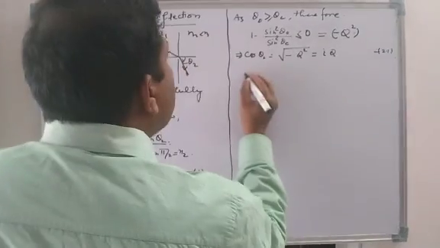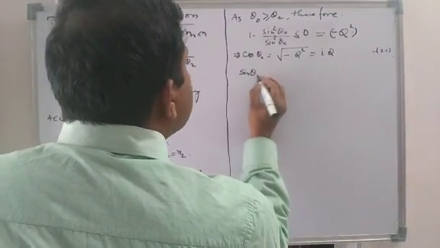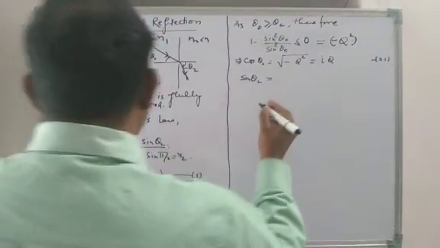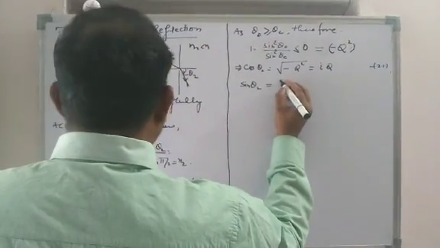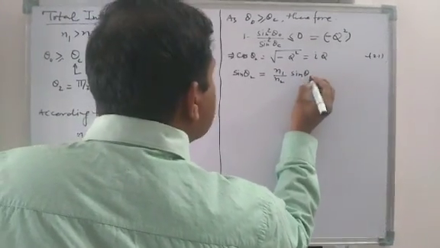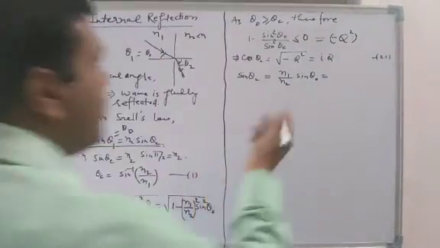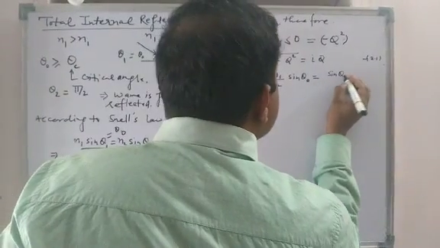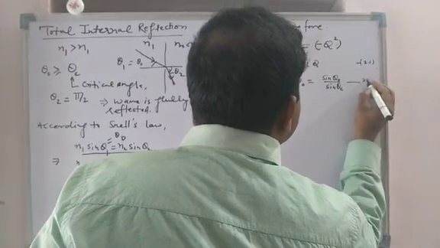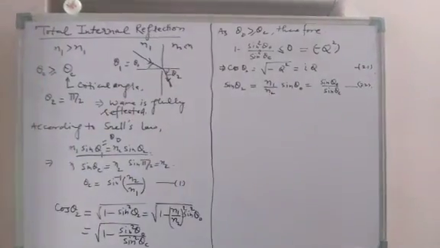Okay. Similarly, we could also define sine theta 2, which is what? Sine theta 2 is essentially n1 upon n2 sine theta 0, and n1 upon n2 is 1 over sine theta c. So this is sine theta 0 over sine theta c. So this is relation 2.2. Okay.